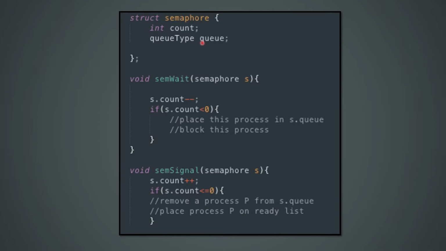They will then be served on a first-come, first-served basis when a specific process is done using the critical region, and there's space for a new process to come into the critical region.